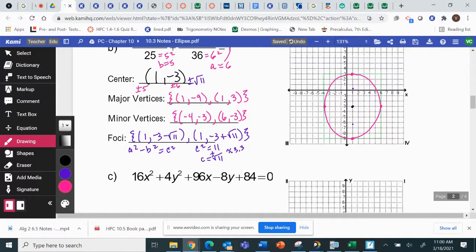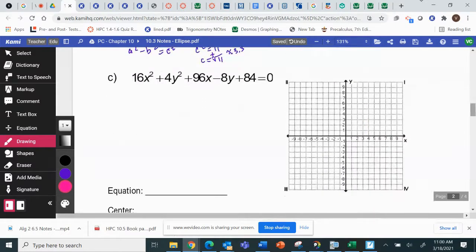Okay. So is question C in the correct form? No. What are we going to have to do to put it in the correct form? Any guesses? Subtract 84? Yeah, we have to do that.